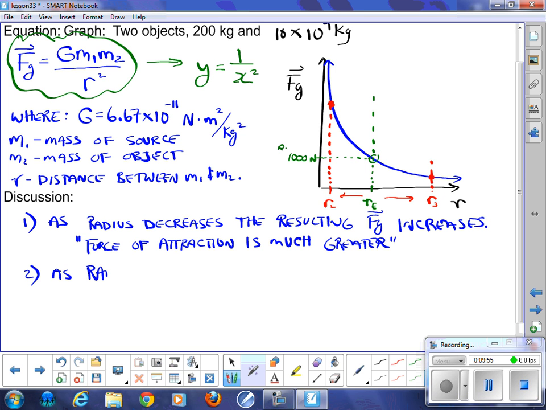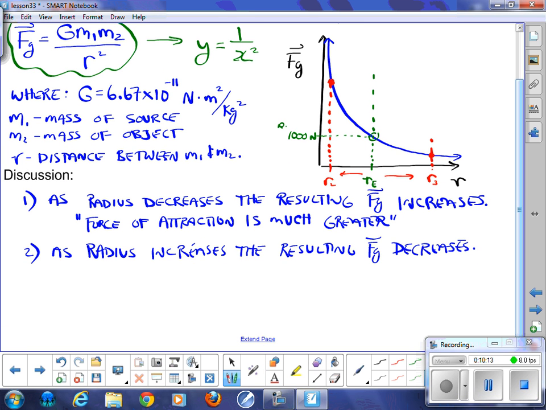So as radius increases, the resulting Fg decreases. As you get farther and farther apart, the force of attraction is much less.